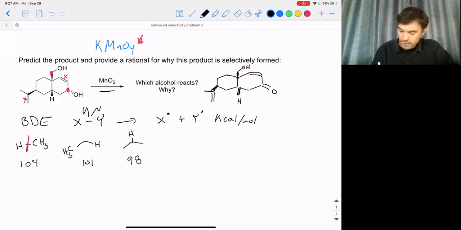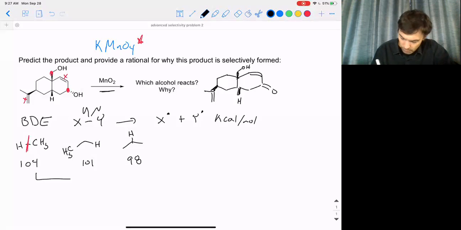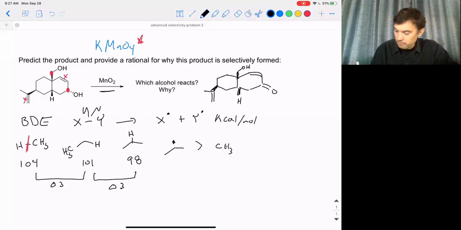But what you'll notice as you add substituents to that carbon, the bond dissociation energy goes down. The delta here is about 3, and the delta here is about 3. Most people justify that by saying that the secondary isopropyl radical is more stable than the methyl radical. Again, I wouldn't choose that interpretation.